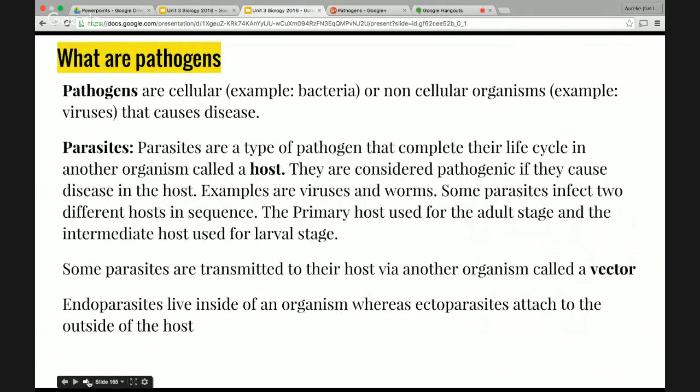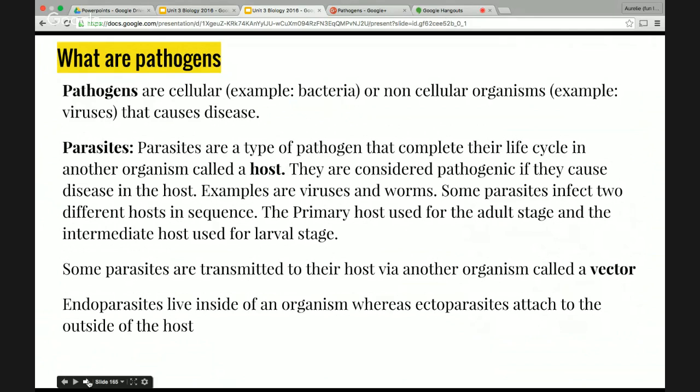Okay, so what are pathogens? Pathogens can be cellular or non-cellular organisms that cause disease. Parasites are a type of pathogen that complete their life cycle in another organism called a host.